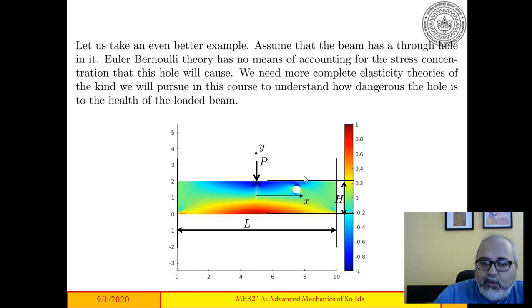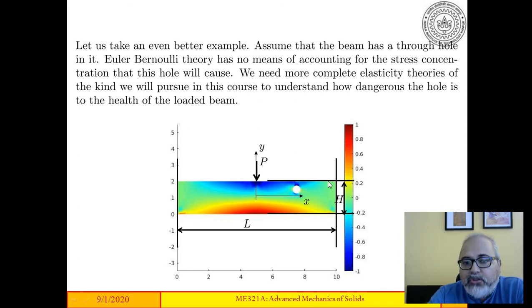Now, if this hole does not, again we will do this in experiments later, if the hole does not lie at the neutral axis, then as you can see the errors around the hole, the difference between the Euler-Bernoulli stresses and the actual stresses calculated by methods that we are going to learn in this course, the stresses around the hole are very different.